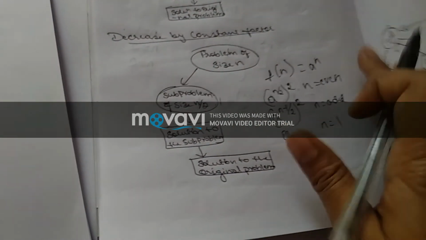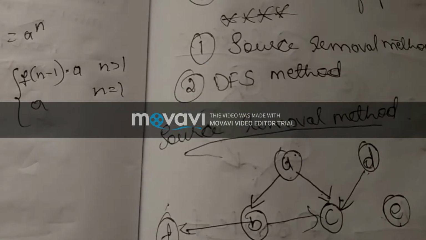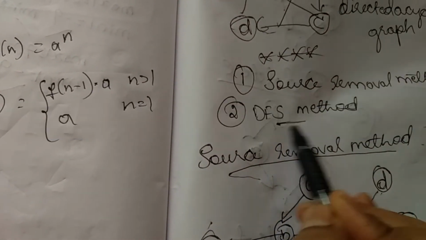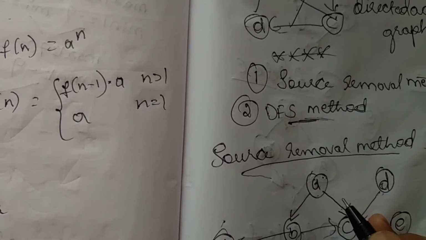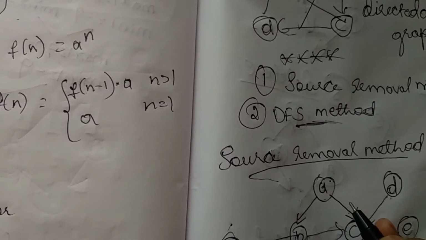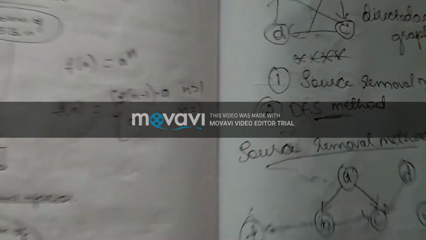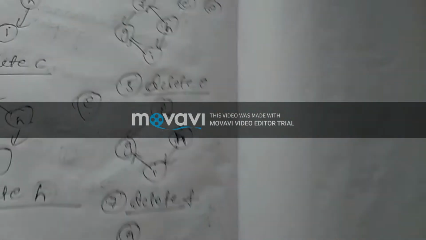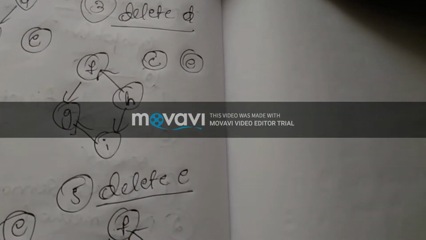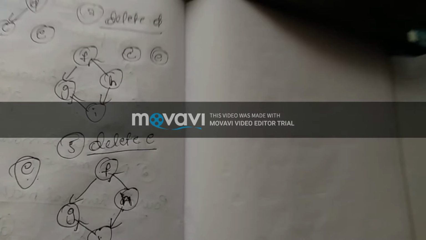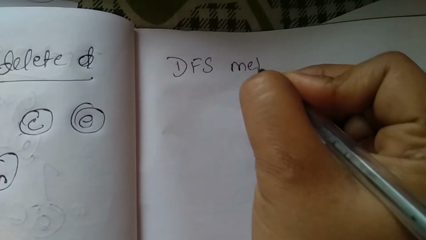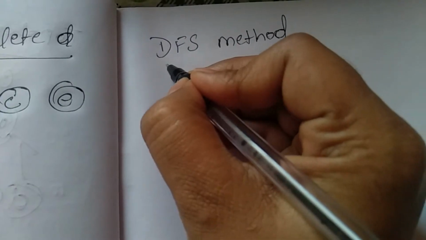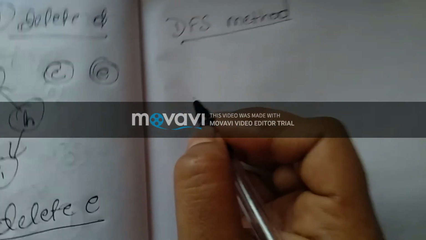Next, which is the second method? Actually, the second method is the DFS method. For this DFS method, we need to use the stack concept. Okay, first in, last out, the stack concept. I'll just explain this DFS method to you. Okay, see here. DFS method.